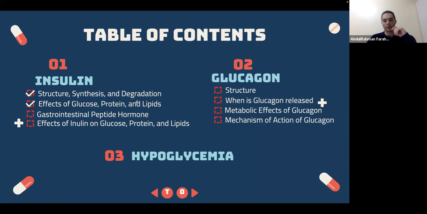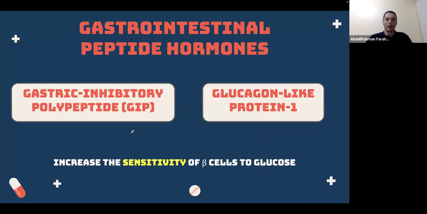Okay, so now to the gastrointestinal peptide hormones. So we have gastric inhibitory polypeptide and glucagon-like peptide. Their main action is that they increase the sensitivity of beta cells to glucose, and so you are increasing the insulin release.